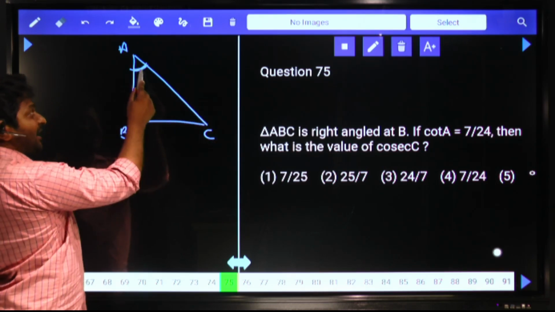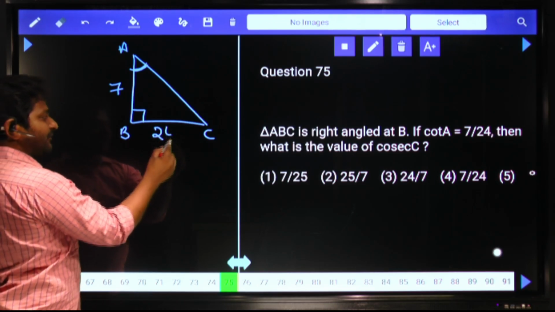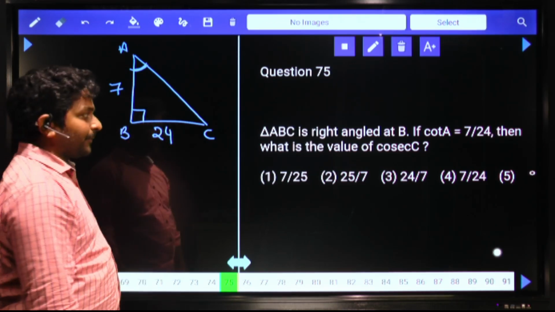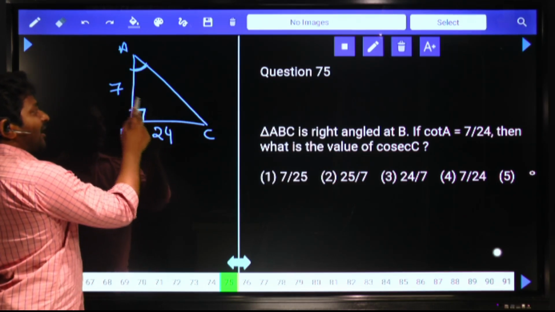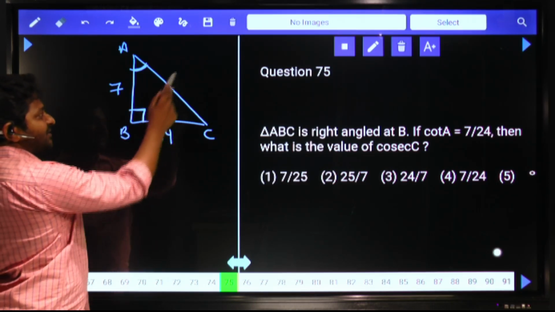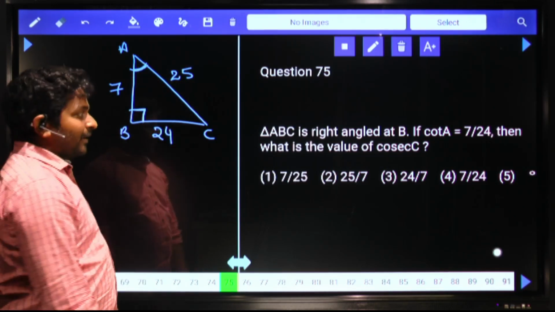But it is cot A, so this value is 7 and this value is 24. Now, as this is right angled at B, opposite side square plus adjacent side square should be equal to hypotenuse square. Pythagoras triplet. Now, what is your question?